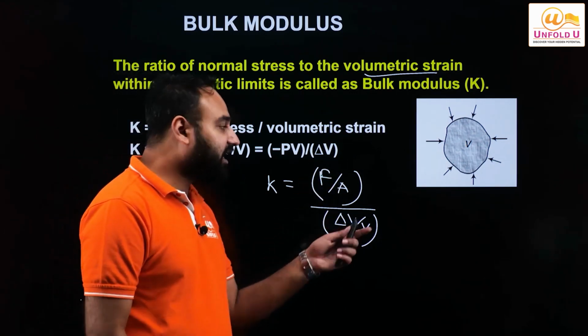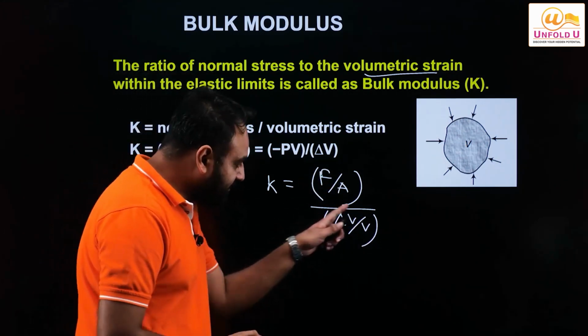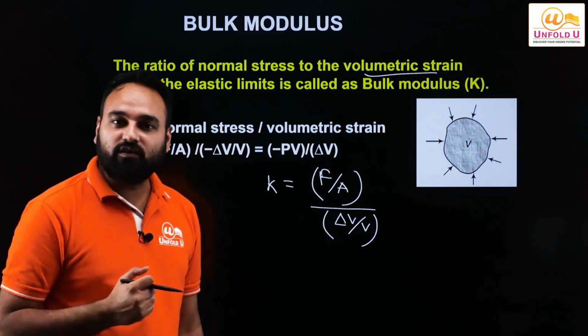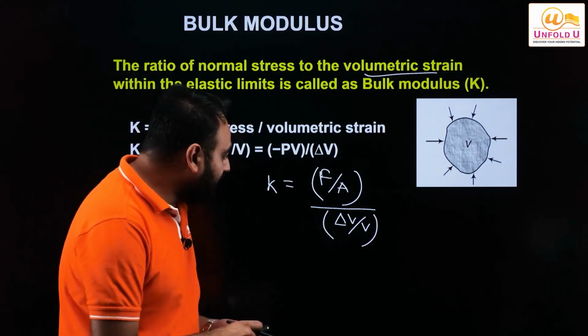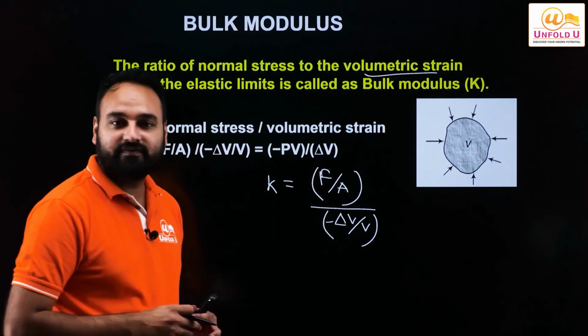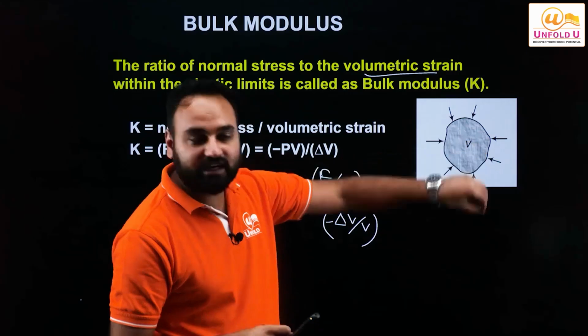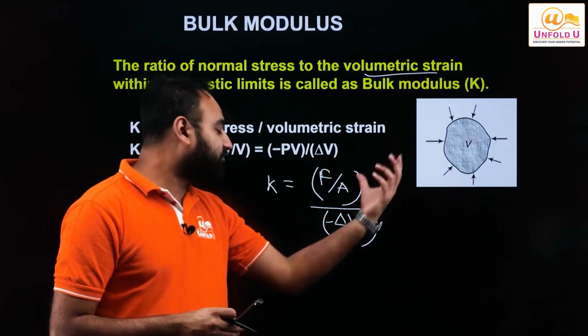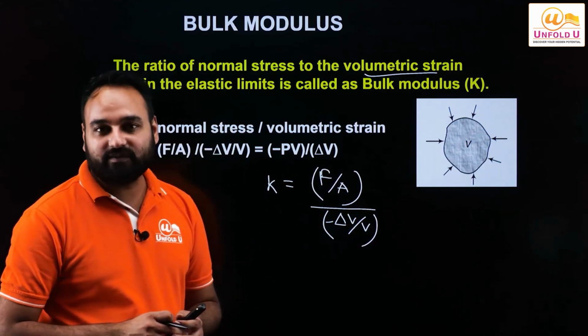Now this force per unit area is what? This is stress, and this delta V by V is the change in volume. But here we take a negative sign because we know this time volume is decreasing. To compensate for that decrease, we take a negative sign.